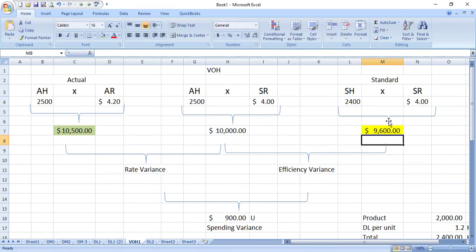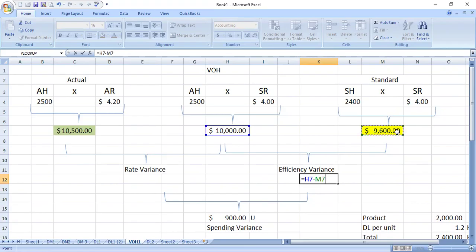First, we're going to get our efficiency variance to see how efficient we are. 10,000 minus 9,600. We are inefficient by $400, so we're overspending $400.